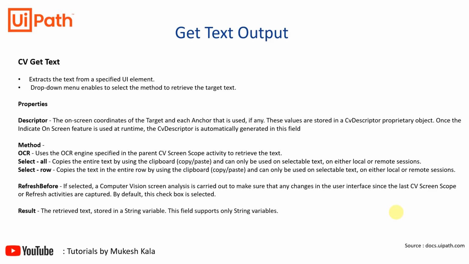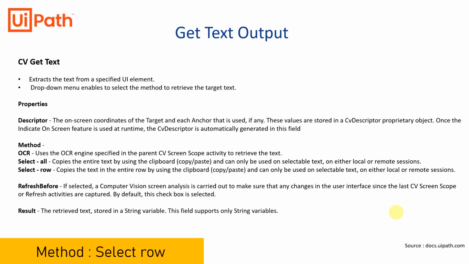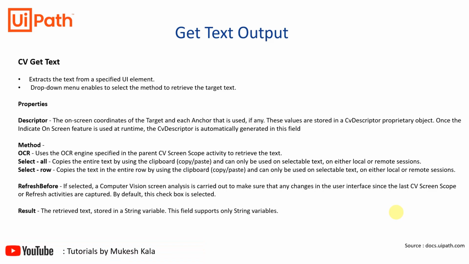The other option which is available is called select row. What does it mean? Copy the text in the entire row by using the clipboard, right? This time we are not selecting the entire data, but just a single row, right? So based on your requirement, you can change this input method and update accordingly.